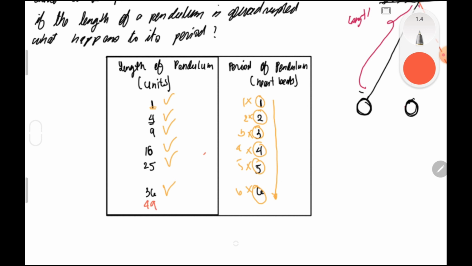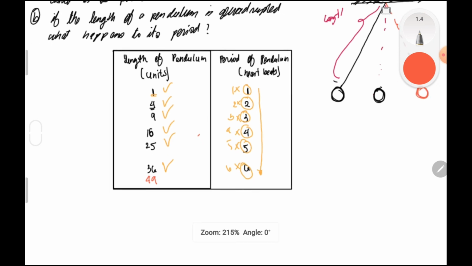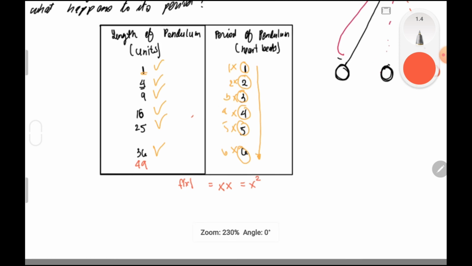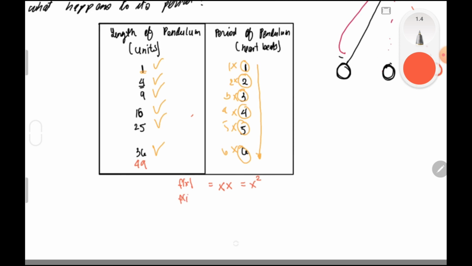okay, so therefore I may say that since I will multiply it by itself, let's say the period of pendulum, yung period ng pendulum natin is equal to x, okay, and then ito yung magiging output natin f of x. So note na minumultiply natin sila by itself, so f of x is equal to x squared. So pag nag-input ako ng 1, I will have 1 multiplied by 1, tama?